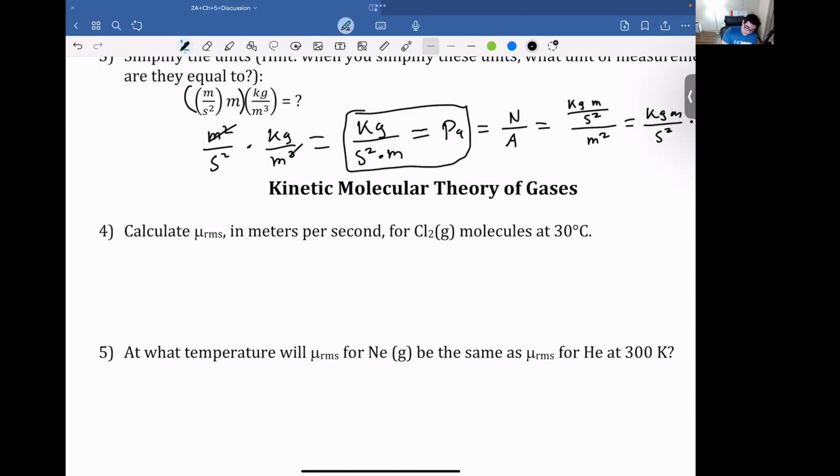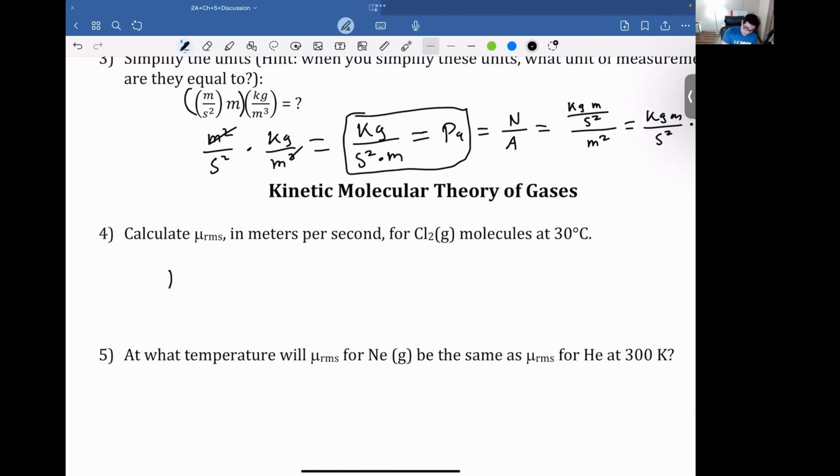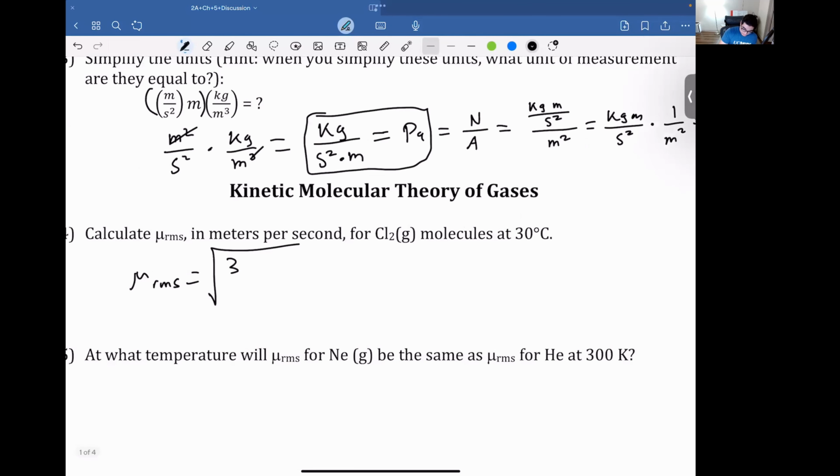So the formula for this, it's often called ERMS. That's how people say it. It is equal to the square root of 3 times R, one of our constants, times T over the molar mass of the molecule.